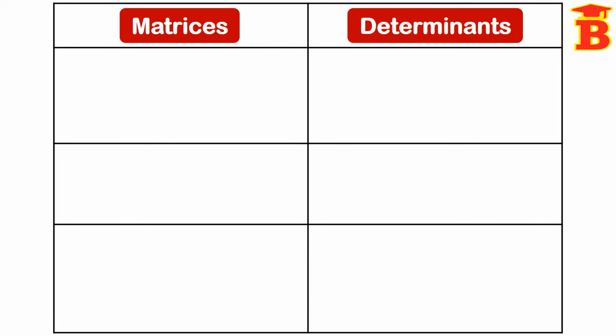We have some other differences in operations. Let us see that we take addition and multiplication. In matrix, if you want to add 2 matrices, then the order should be equal and we have to add the corresponding elements.